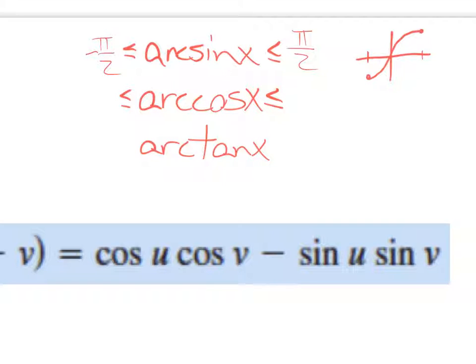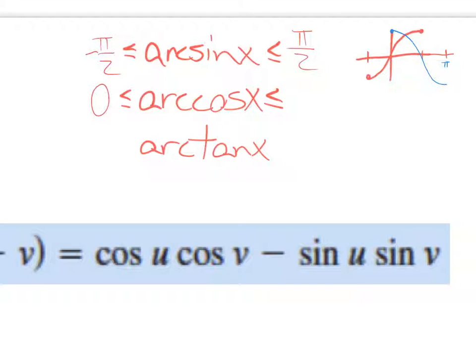Now, cosine was a little bit different. With cosine, we were actually able to start it at 0 and go all the way over to here. So for arc cosine, we went from 0 over to pi.